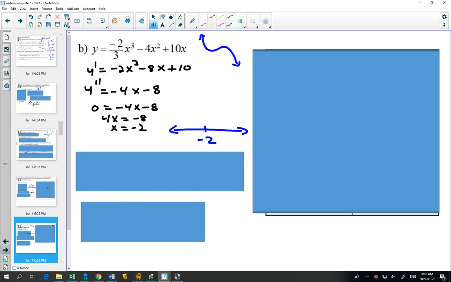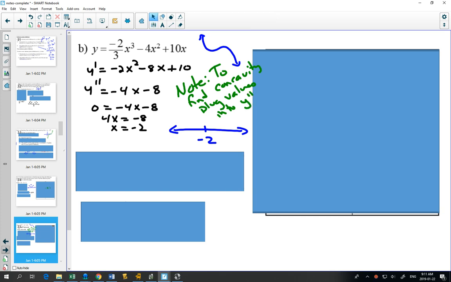To find concavity, you're plugging values into the second derivative.